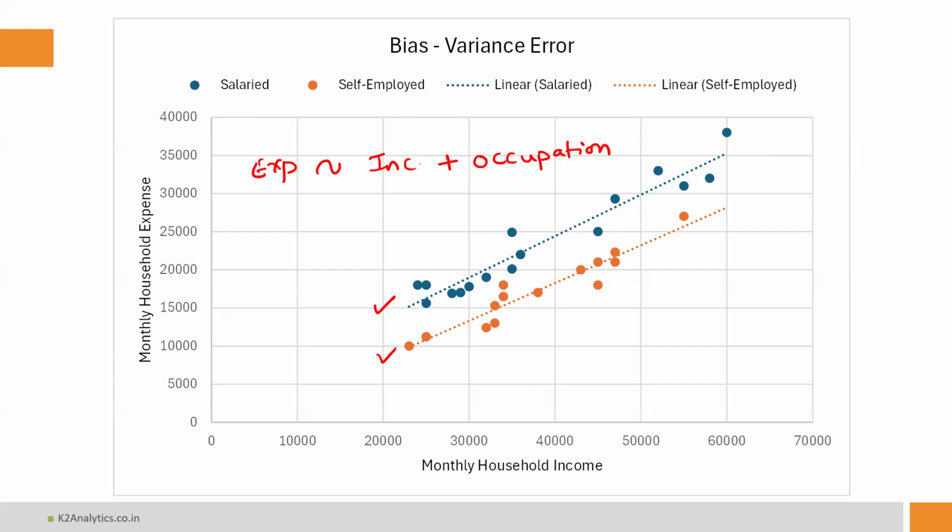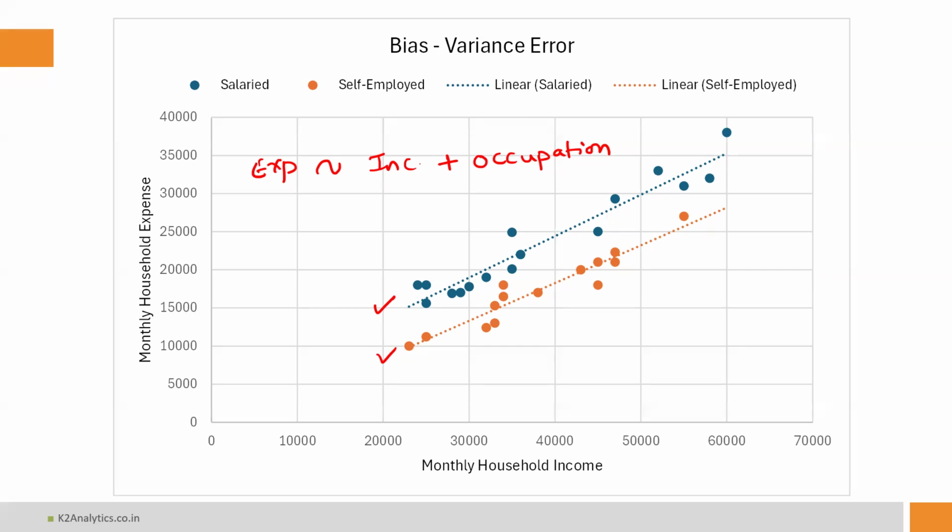Now it is said that as we increase the number of variables, or in other words, as we increase the complexity of the model, the susceptibility of the model to small fluctuations in the training dataset increases, which means the variance error is likely to increase.